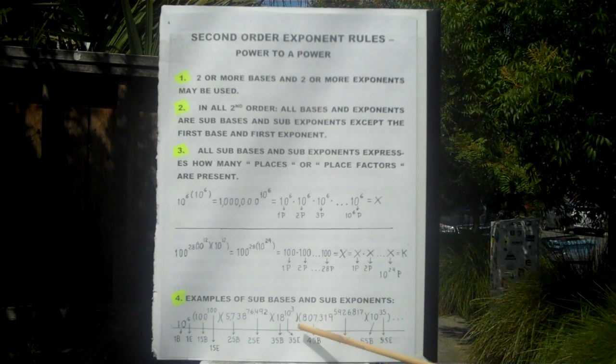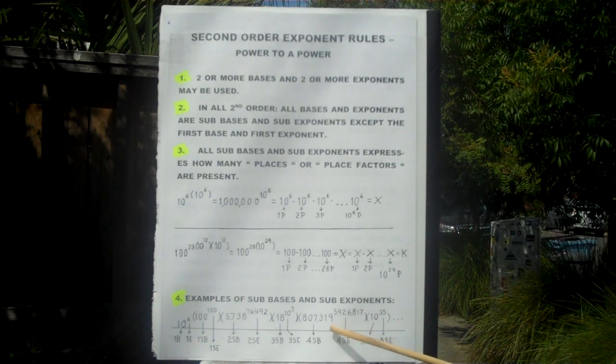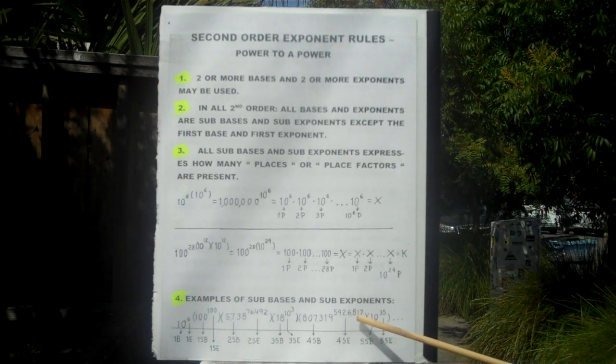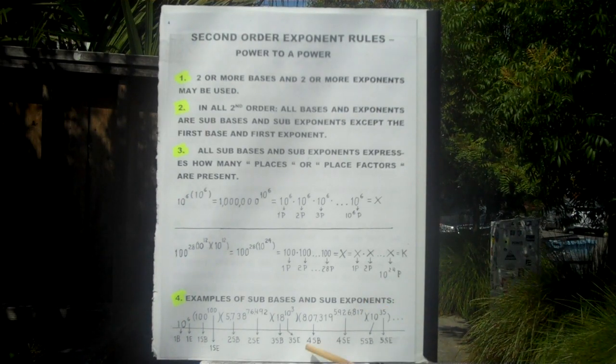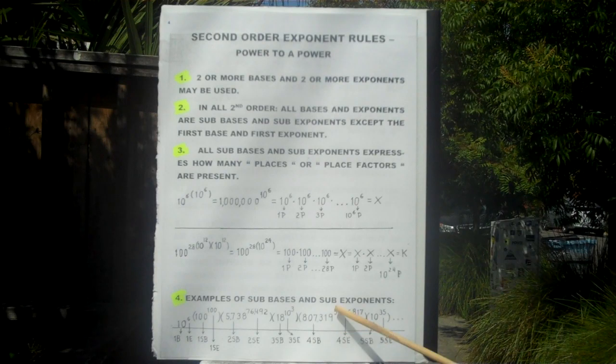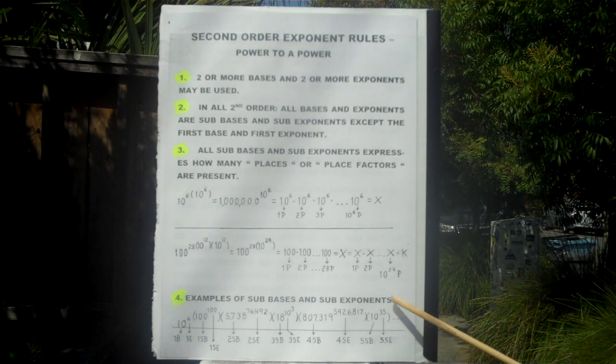2, the 807,319. 2, the 5,926,817 power. Now 807,319 is the fourth sub-base, and 5,926,817 power as an exponent is the fourth sub-exponent. 2, the 10 to the 35th power.